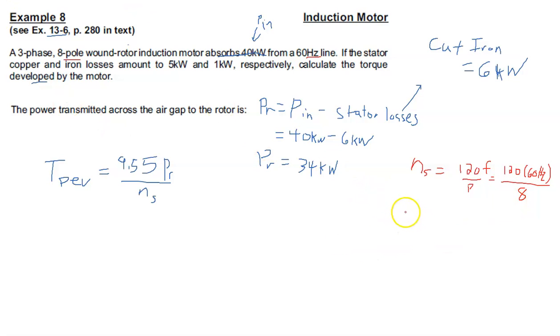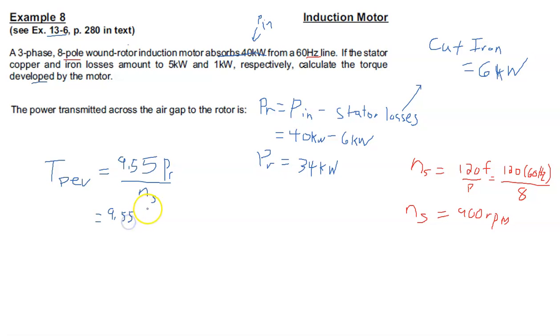So we get 7,200 divided by 8, or 900 RPM.